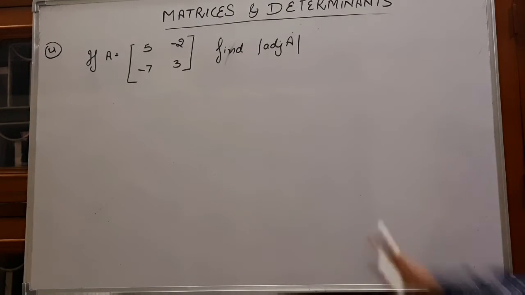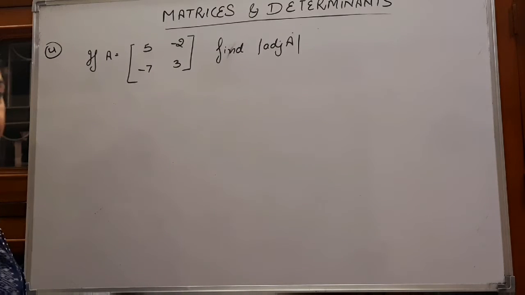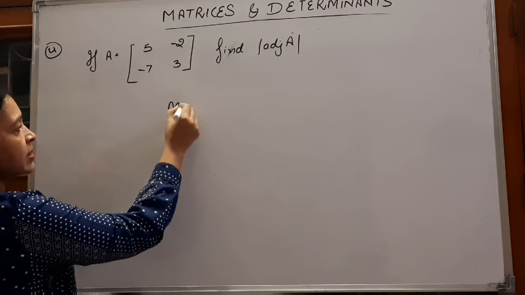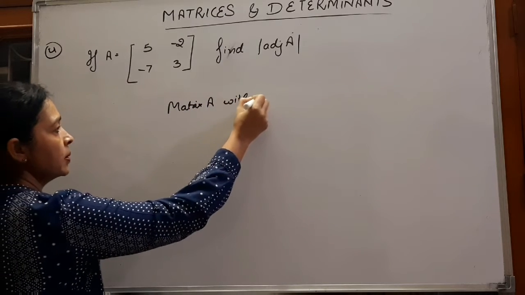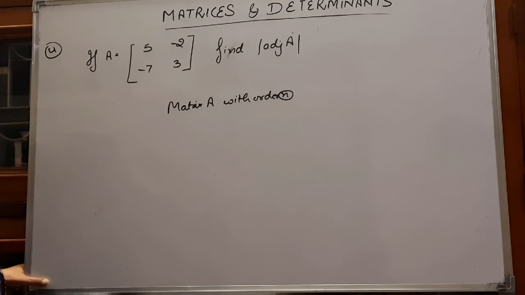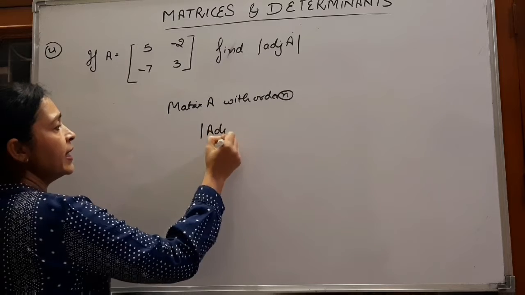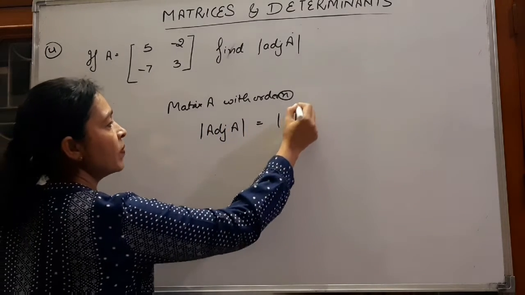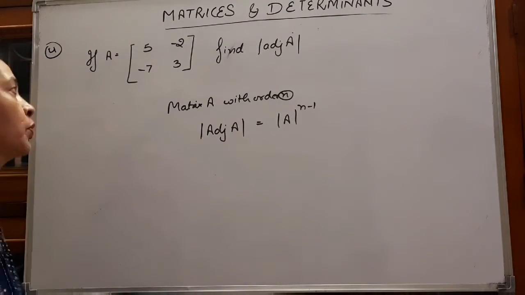If a matrix A is given, we have to find the determinant of adjoint A. We have a formula: if we have a matrix A with order n, then determinant of adjoint A is equal to determinant of A to the power n minus 1. This is a very important formula for you.